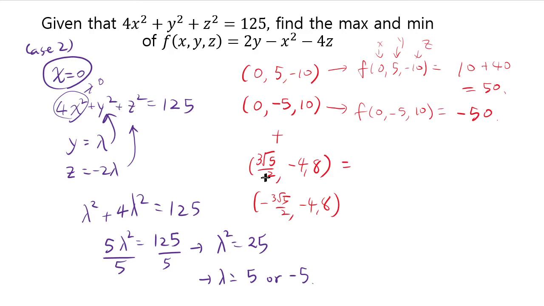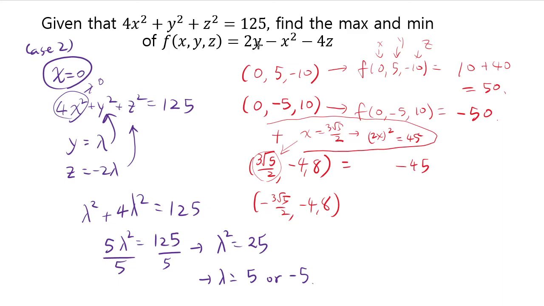On the other hand, when x is 3 radical 5 over 2, this actually came from the fact that 4x squared is equal to 45, right? So using this fact, we can rewrite this as 45 minus 45, and then let's plug in negative 4 here.